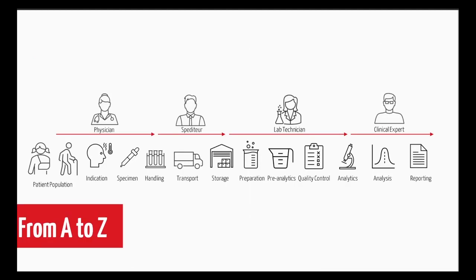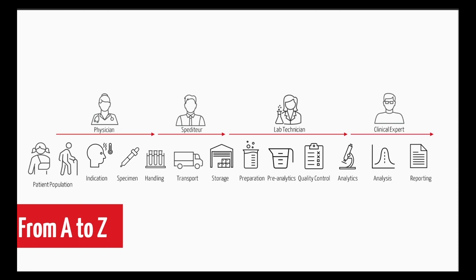But we should think from A to Z in this case, since there is not only one product used in a laboratory process. It starts with the patient population, the indication, and then a specimen is collected and the samples need to be handled. They need to be transported, they need to be stored. They will be prepared in the laboratory and there will be pre-analytics and quality controls performed. And then the analytics take place.